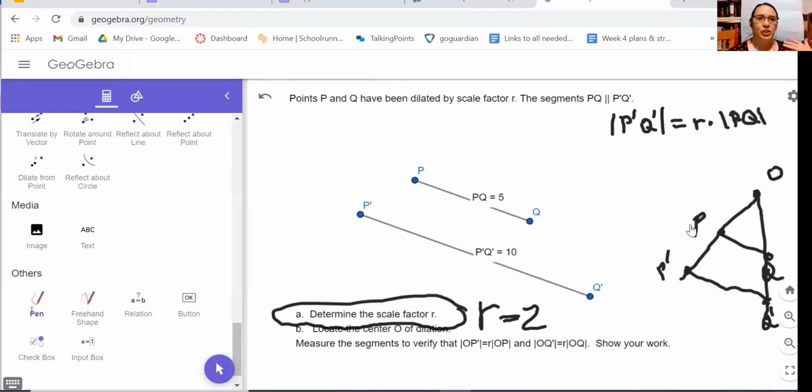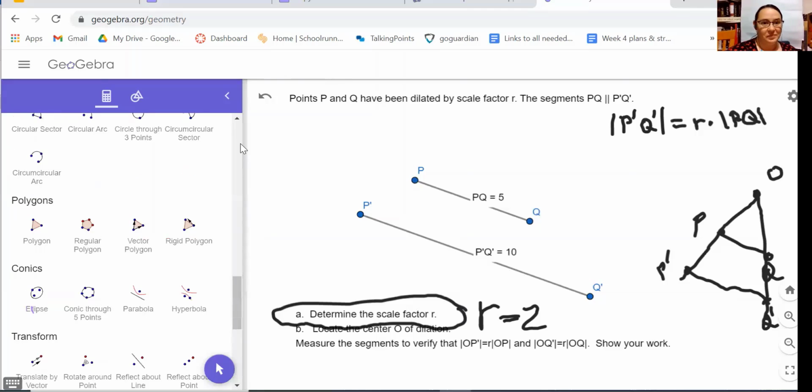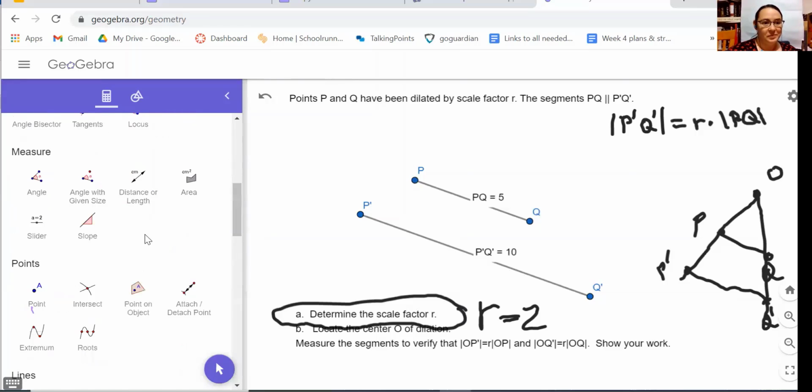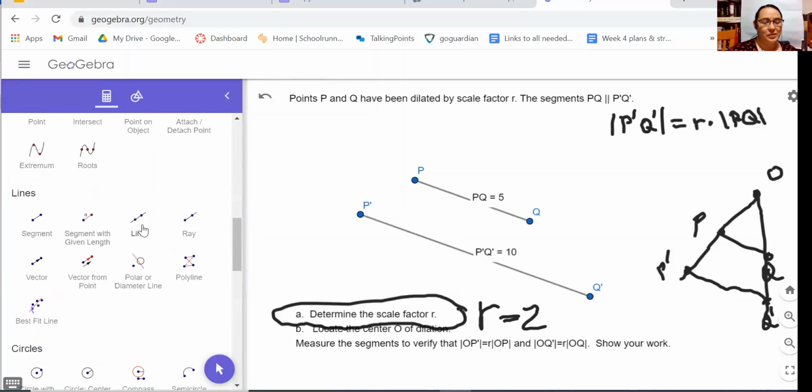So I'm looking to generate that picture. That suggests to me that I should draw a line between P and P prime and a line between Q and Q prime. Let's do that. I'm going to draw a line between P and P prime and a line between Q and Q prime.